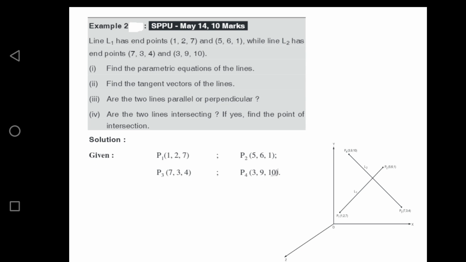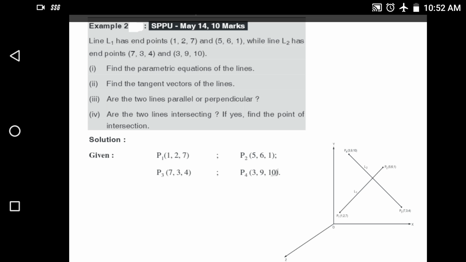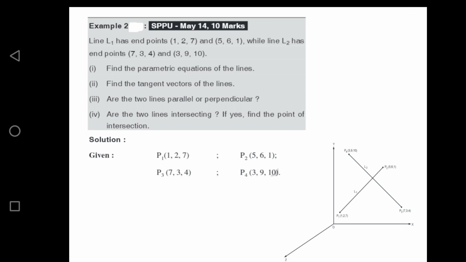We have line L1 which has endpoints P1 and P2 with coordinates 1, 2, 7 and 5, 6, 1 respectively, and line L2 which has endpoints P3 and P4 with coordinates 7, 3, 4 and 3, 9, 10. It is shown here in the Cartesian coordinate system.